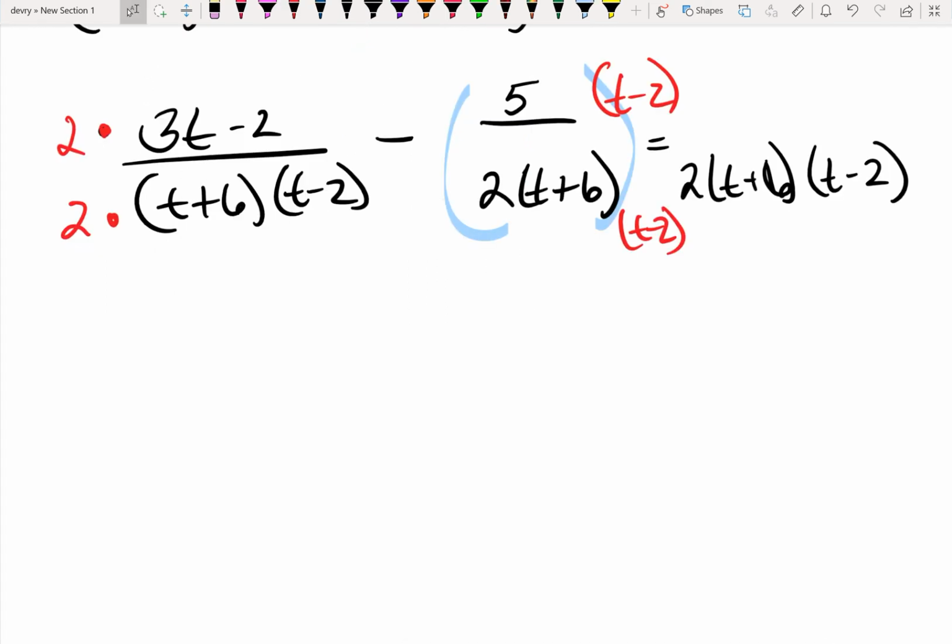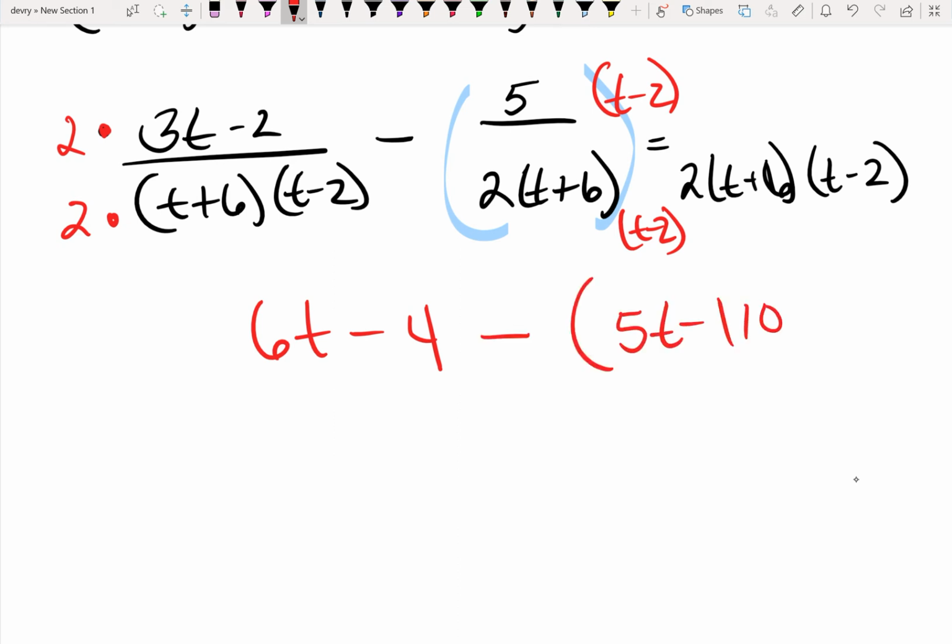So this now becomes 6t minus 4 minus 5t minus 10. I'm going crazy on the negatives. Give me a minute. Hold on. There you go. Alright, so what ends up happening here, this negative affects this side and that side.